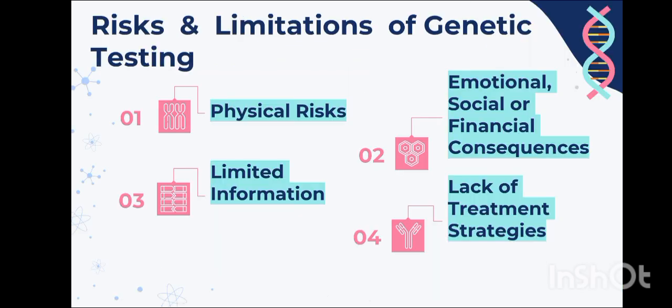So, risks and limitations of genetic testing. First is physical risk, second is emotional, social or financial consequences, third is limited information, and fourth is lack of treatment strategies. First is physical risk.